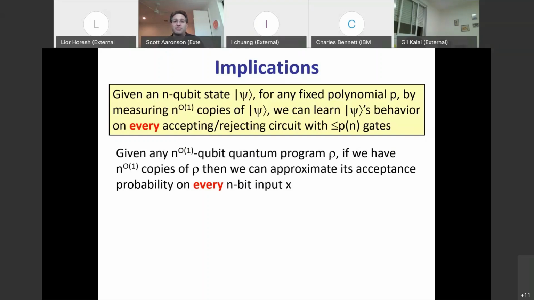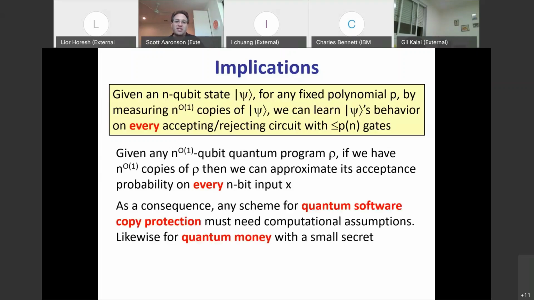But what the shadow tomography theorem implies is that in some sense that is not possible, at least in an information theoretic sense. Given any quantum program rho with a polynomial number of qubits, if you have a polynomial number of copies of that program, then that is enough, at least information theoretically, to approximate the acceptance probability of that program on every n-bit input, to see what is the chance that it accepts or rejects on every n-bit input, regardless of the program.